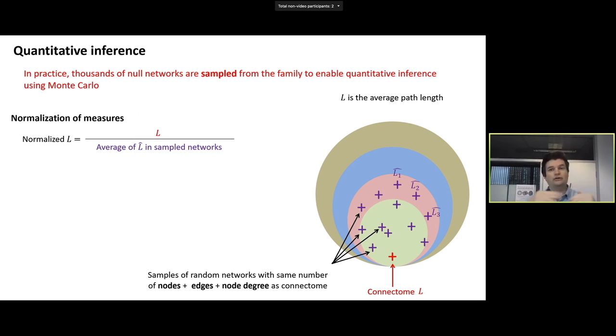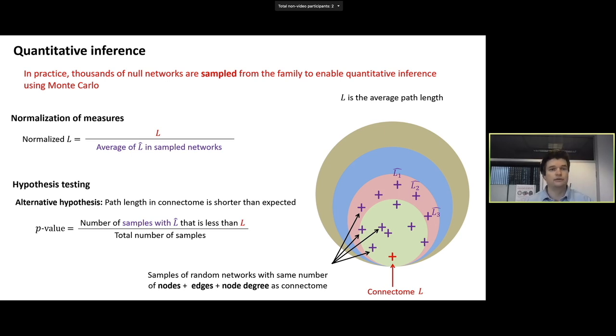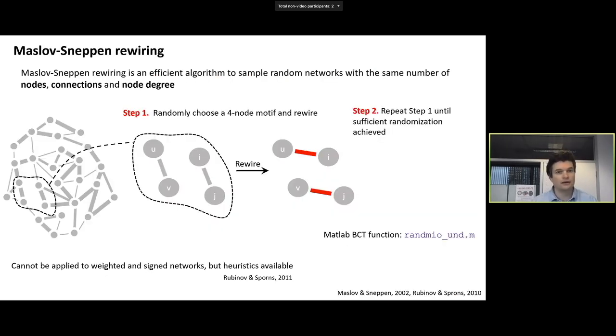And so if this ratio is 1, it says that in our actual connectome, the path length is not particularly unusual. In contrast, if it's greater than 1, it suggests that our path length is exceptionally long relative to a random network that's matched in terms of these 3 properties. We can also compute p-values to assess the same hypothesis.